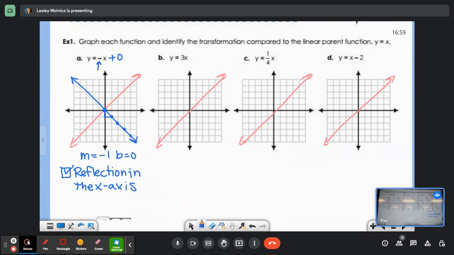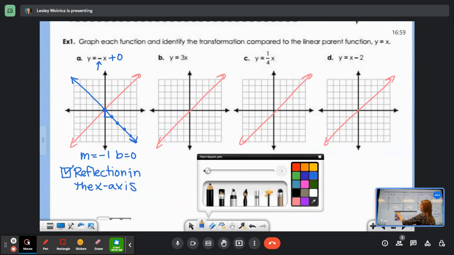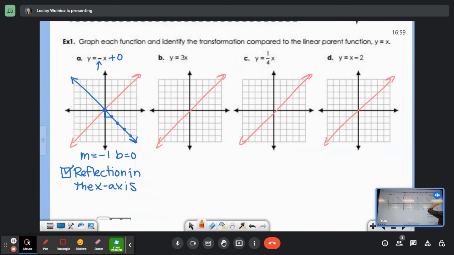If you can imagine the x-axis here is like a mirror, or like the surface of a lake, this point right here got reflected right down there. This point down here got reflected up there. Hopefully you can see what happened there.